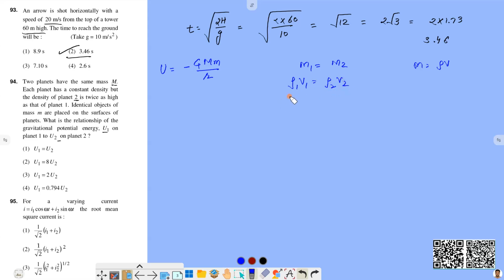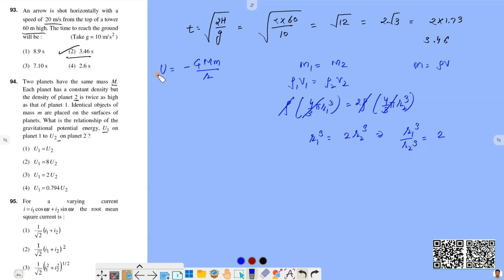Now suppose rho 1 is rho, and V1 will be 4 by 3 pi R1 cube, and rho 2 is twice that of the first, so that will be 2 rho, and again volume is 4 by 3 pi into R2 cube. Now 4 by 3 cancels from both sides, and rho is also cancelled. From this we will get the relation between R1 and R2, that R1 cube is equal to 2 R2 cube, and from that we can write that R1 cube by R2 cube is basically equal to 2.